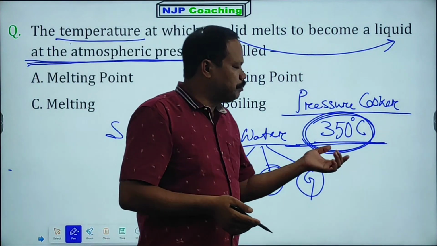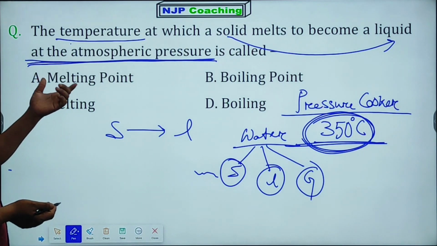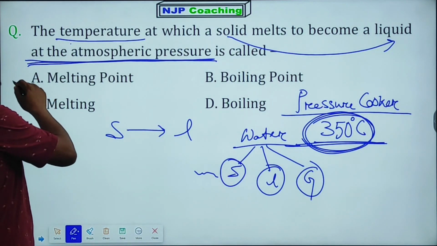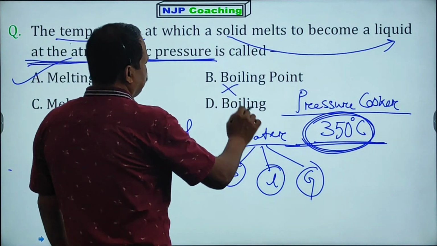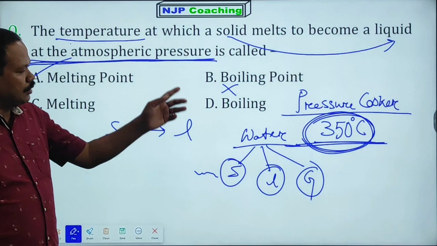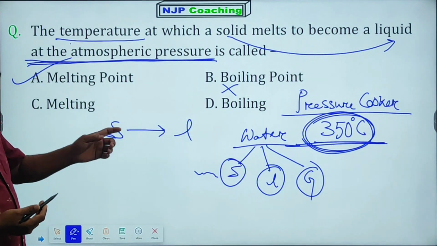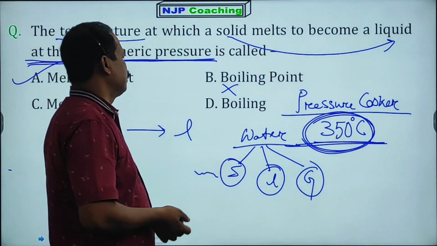And at atmospheric pressure, the temperature at which a solid converts to liquid, we call the melting point, not boiling point. Boiling point is a conversion at that temperature in which a liquid converts to gas at the atmospheric pressure.